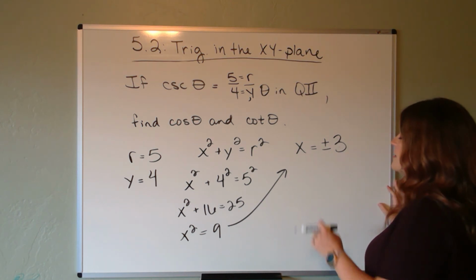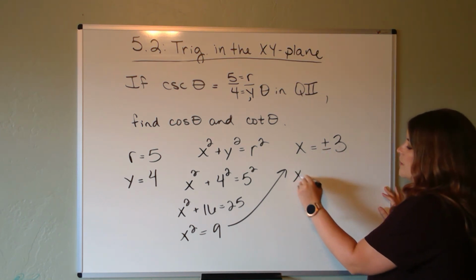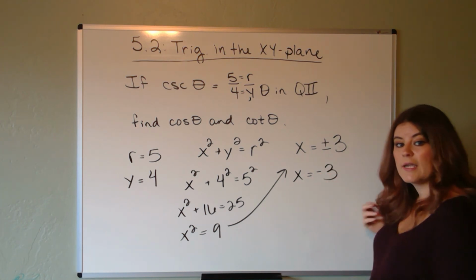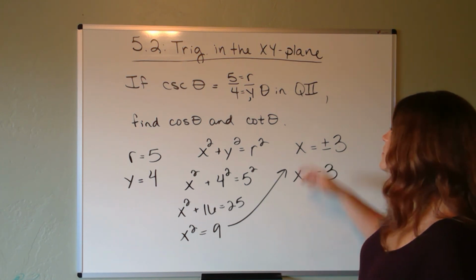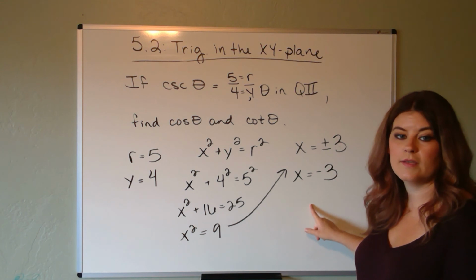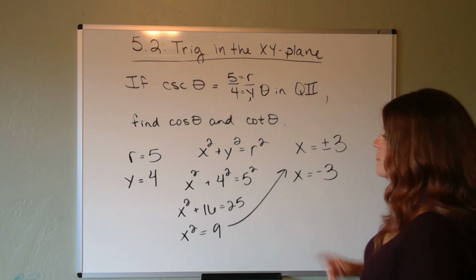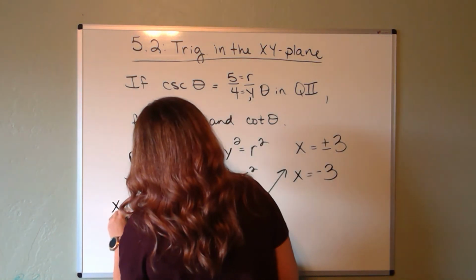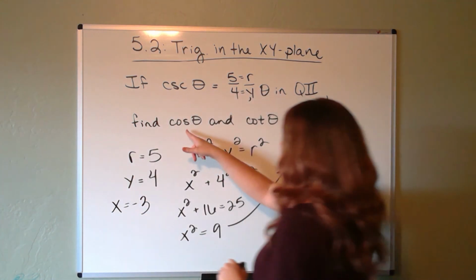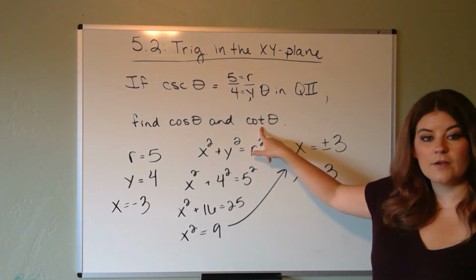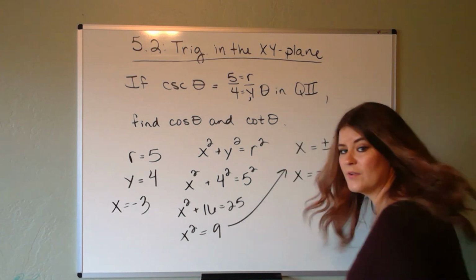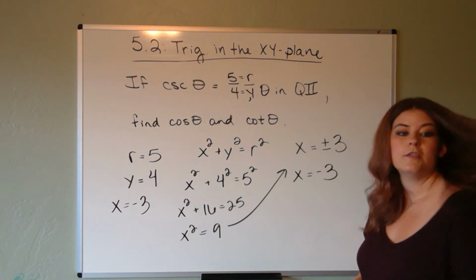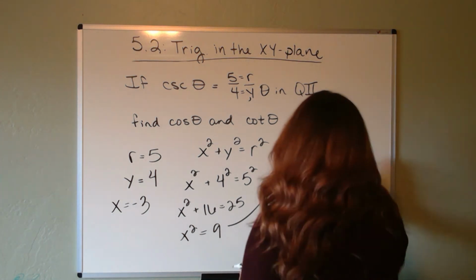So it means that the x I'm looking for is negative 3. Be careful about those signs. Remember, the quadrant will tell you if it's positive or negative. But if I know x is negative 3, I can easily find cosine and cotangent. If you have x, y, and r, you could find all 6 of them if you had to.